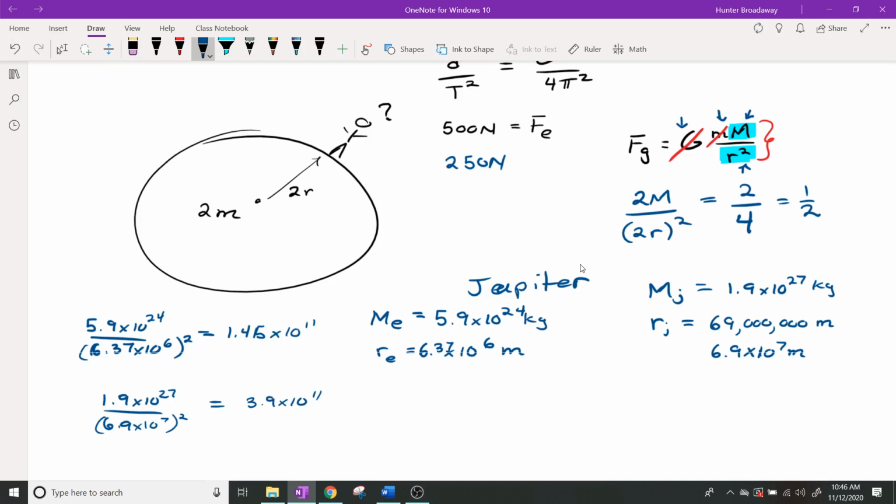Whatever these two numbers divided by each other is, that's how many times greater Jupiter's gravitational force is than Earth's. We can see 3.9 is greater than 1.45. So instead of 9.8 meters per second squared, it's going to be somewhere around 30. I think that's about right. 2.68 times greater than Earth on Jupiter.